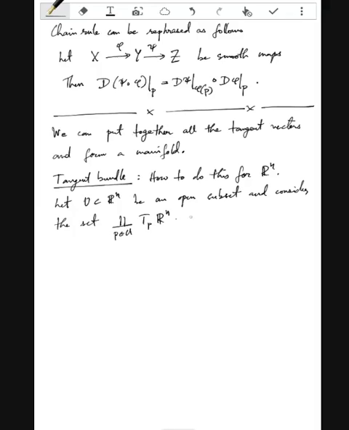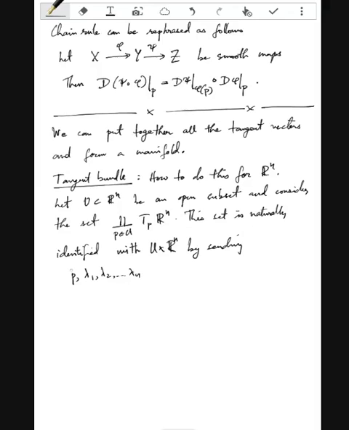So this set is naturally identified with U cross Rn by sending p comma lambda 1, lambda 2 up to lambda n to the tangent vector summation lambda i d by d x i at p.